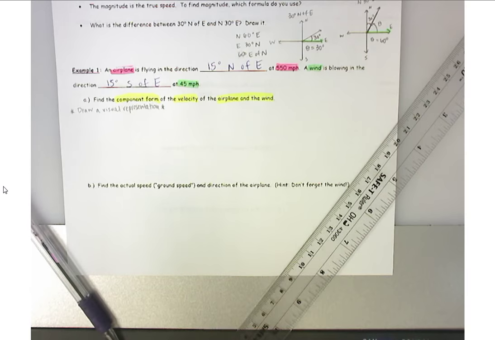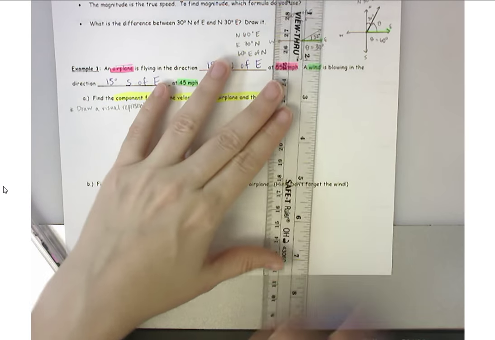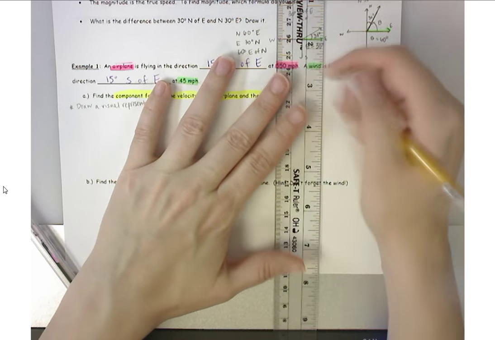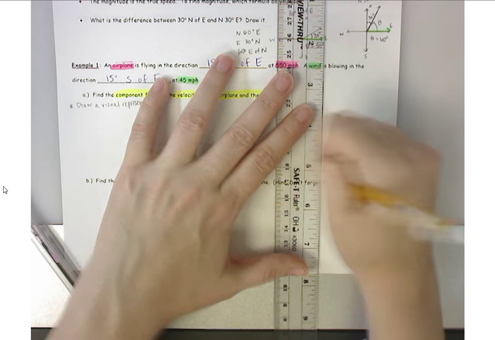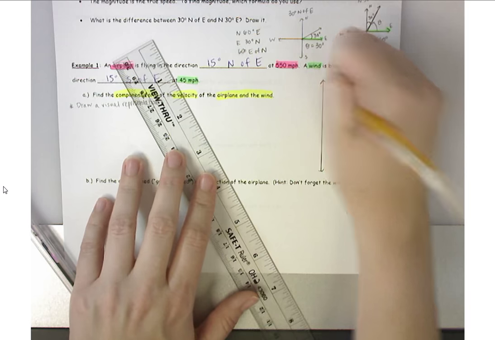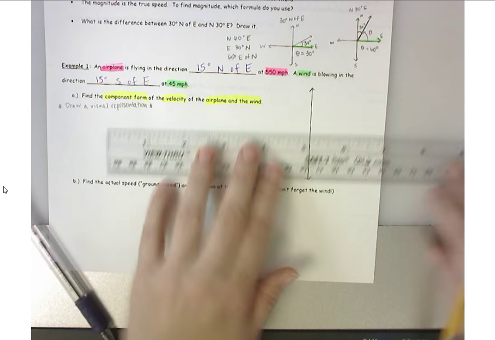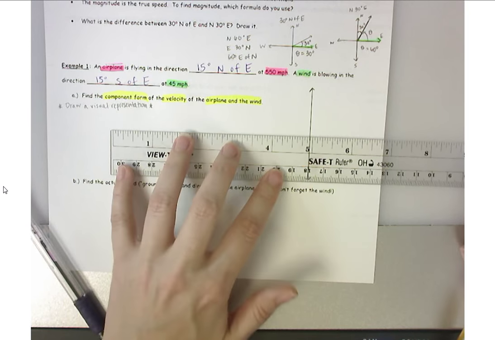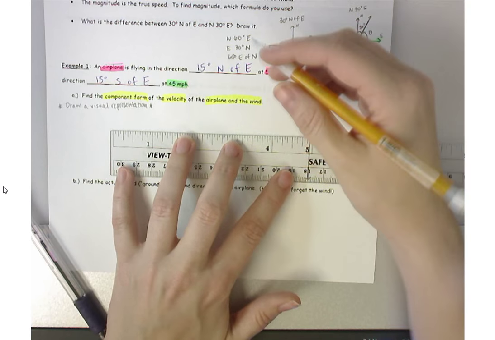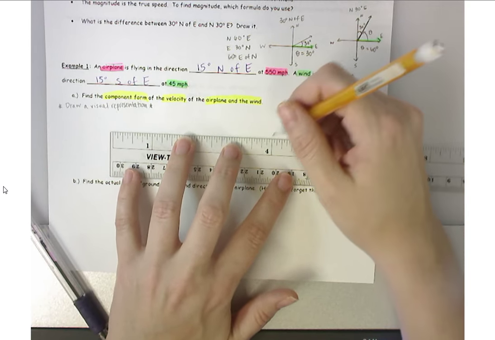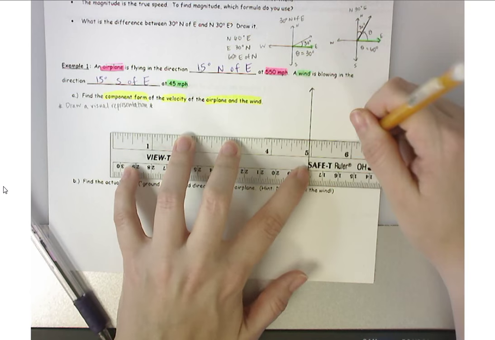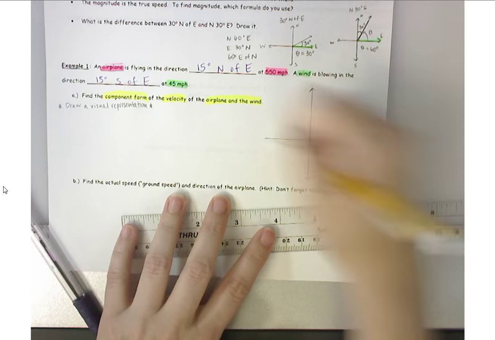When you're dealing with direction, it is important that you have a visual set up so you can see what direction the plane is heading. And then I'm going to draw my picture over on the right here since I have a little bit more space. Okay, and I'm going to help you set up your first drawing.